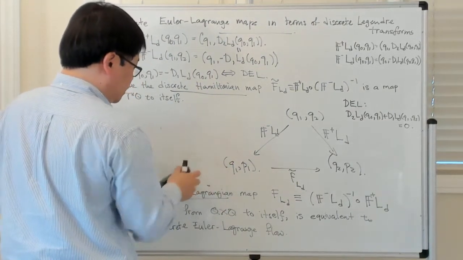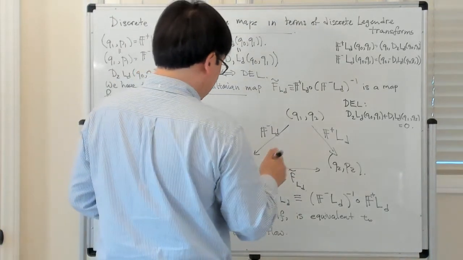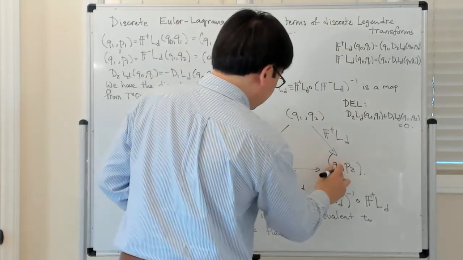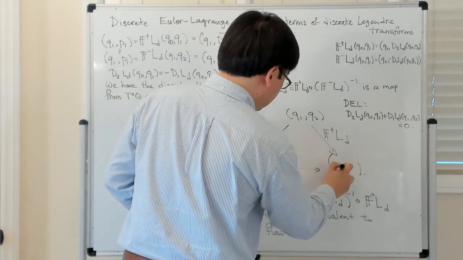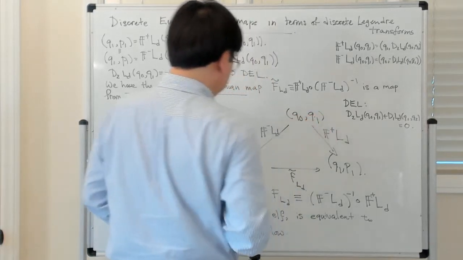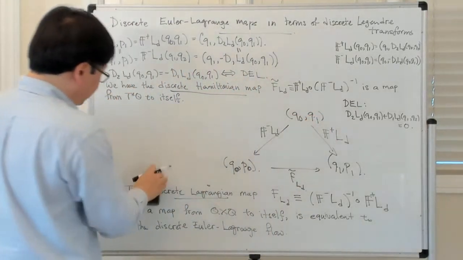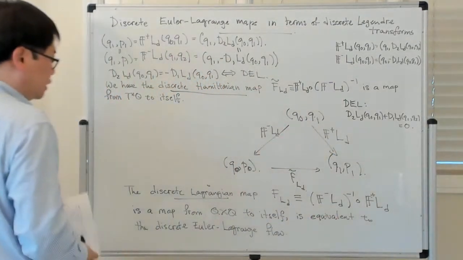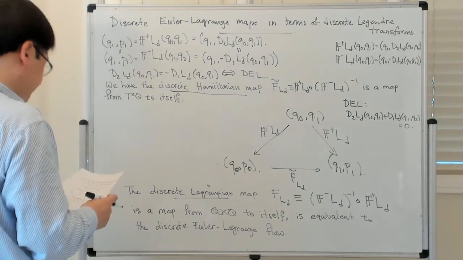Okay, and then I'm going to relabel everything. So this is (q0, p0), (q1, p1), (q0, q1). And the reason I'm doing that, obviously, is because I want to keep that part of the diagram so that I can write down the conditions for that.